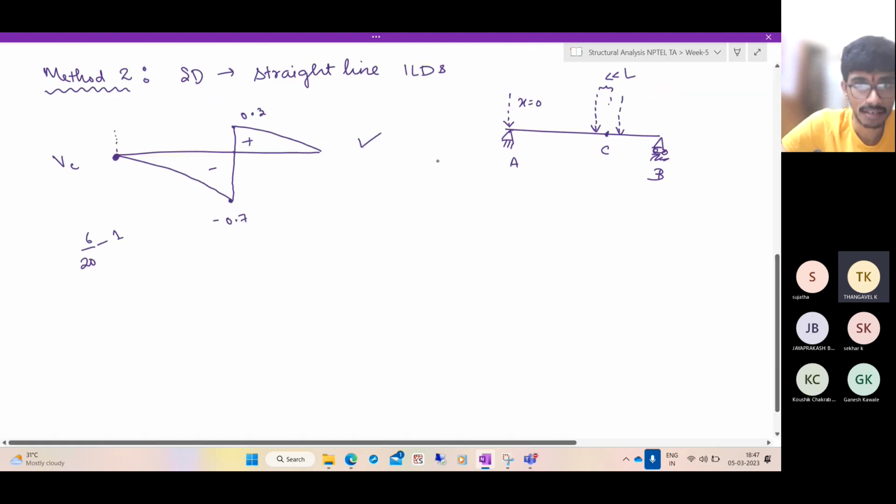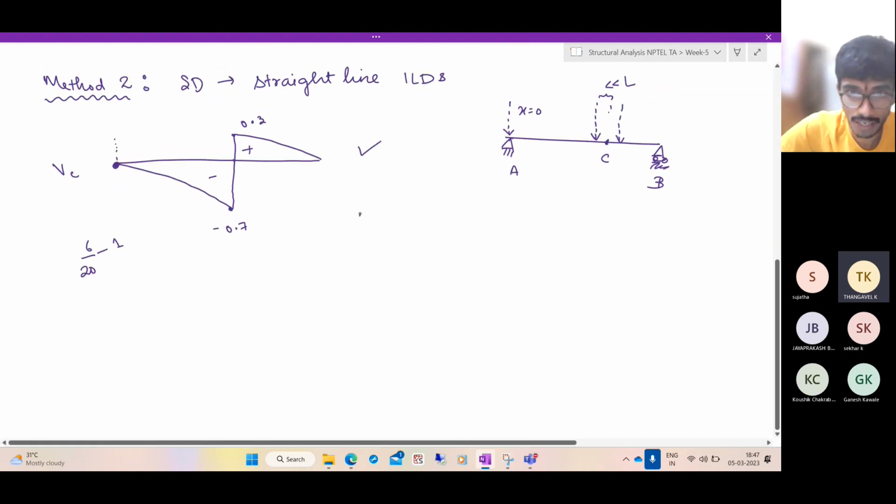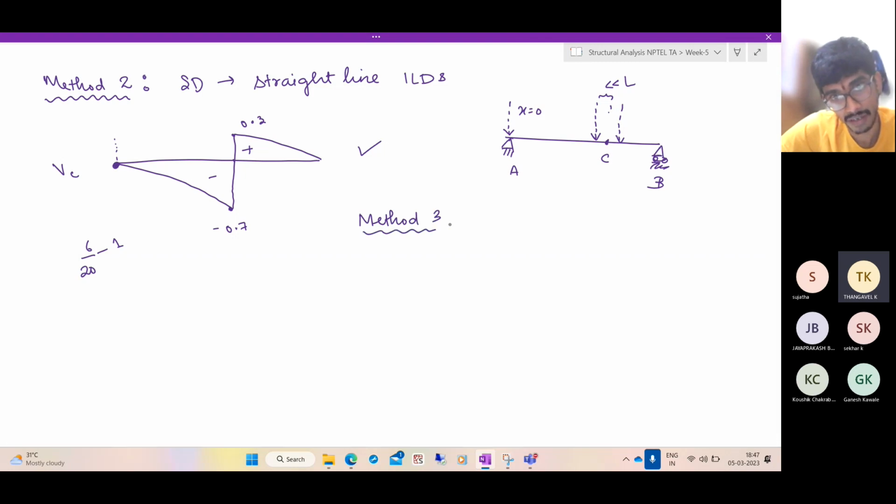Now let us use method 3, which is the shortest of all methods, using the Muller-Breslau principle. What does the method say? You take the beam and apply onto the beam whatever function we want to determine.